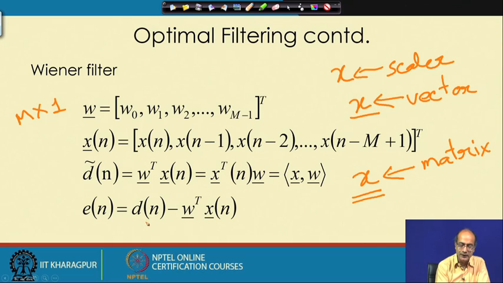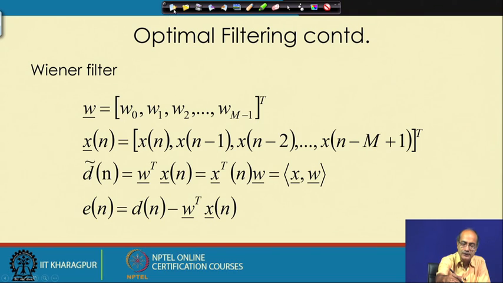It is nothing but the difference between the desired signal d n minus d tilde n. Here we have directly put the value of d tilde n. So, this is the error we compute, and this is what we would be trying to minimize.